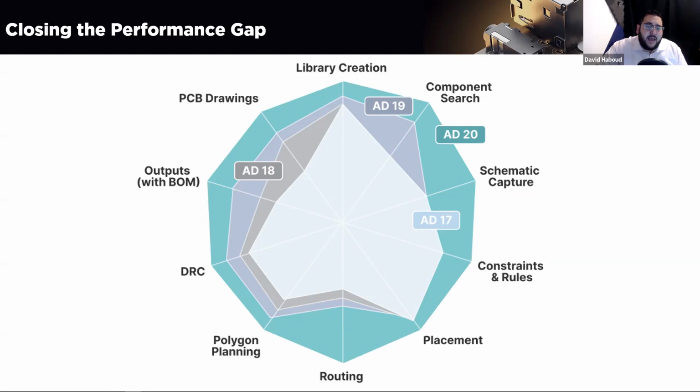And you could see that in each release, it was pretty significant in one or two areas. But with 19, we started making it a little bit bigger. And in 20, we have significantly increased the scope in all core PCB design areas. It was really important to us to not only close the gap, but in certain areas such as routing, we are now an industry leader.